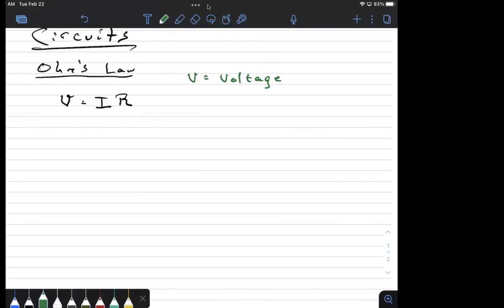So if you think of a circuit as a pipe system, and water will flow through these pipes, well, the voltage, which is usually the power source, so a battery or the outlets in a wall or whatever it might be, can be thought of as kind of like a pump.